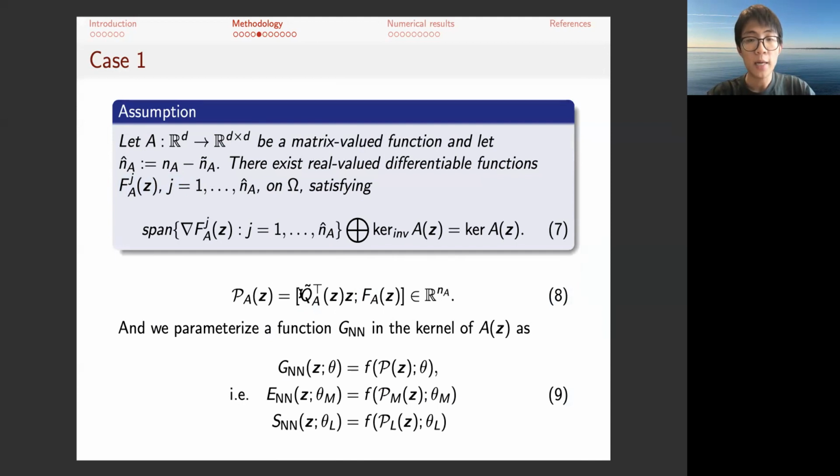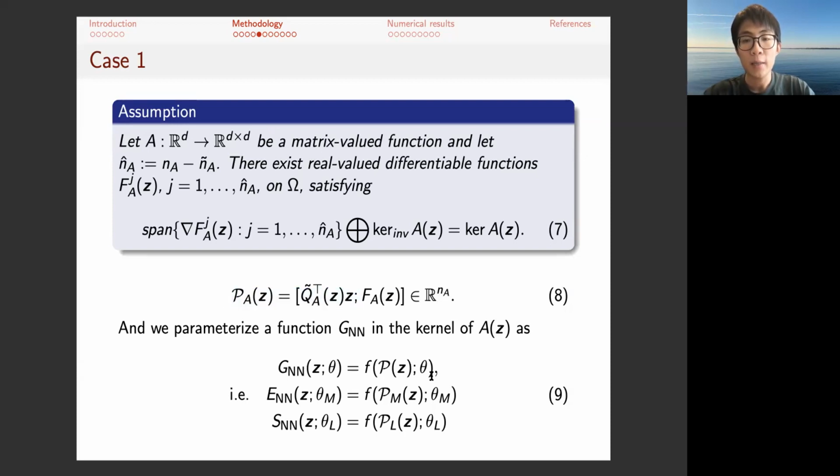By concatenating them, we know that the gradient of this projection function will automatically lie in the kernel of A. That's why we want to design this projection operator.